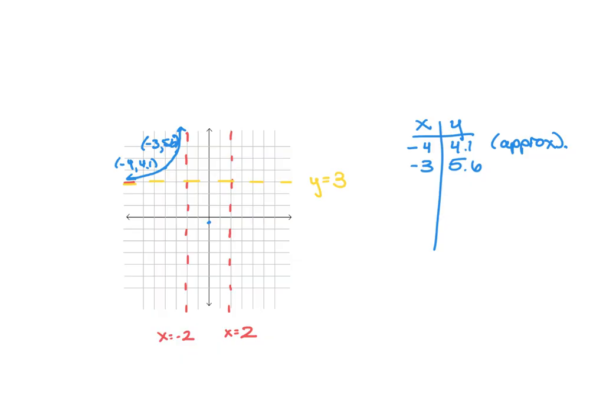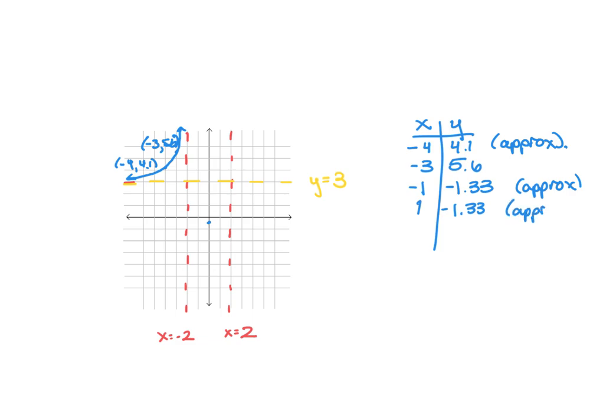All right, for our middle one, we have 1 point already. And so I'm just going to go ahead and find a couple more, at least one more. I'm going to go with when x is negative 1, we get negative 1.33. And again, this is an approximation. And same thing when we plug in 1, we get negative 1.33.